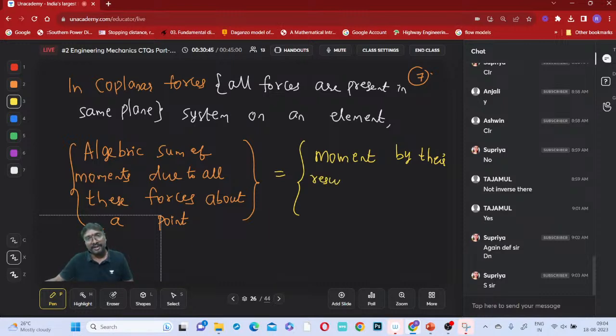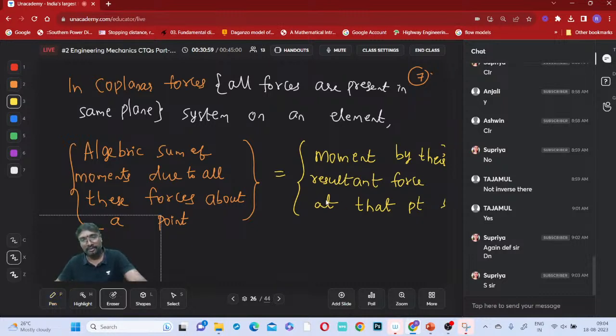All forces we are replacing with a single force now.